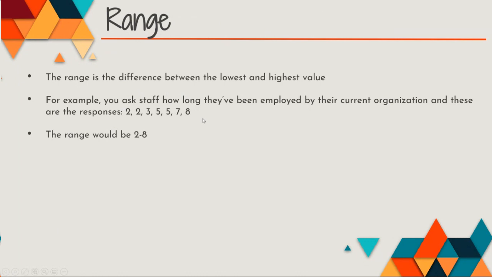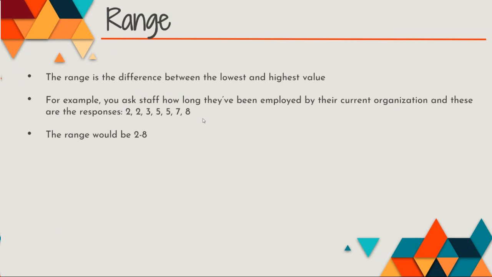So if you were to ask a question to get at some of the demographic information of your sample relative to how long someone has been employed by their current workplace or current organization, you may get the following responses: 2, 2, 3, 5, 5, 7, and 8. Those would be the responses that would constitute your distribution, right?